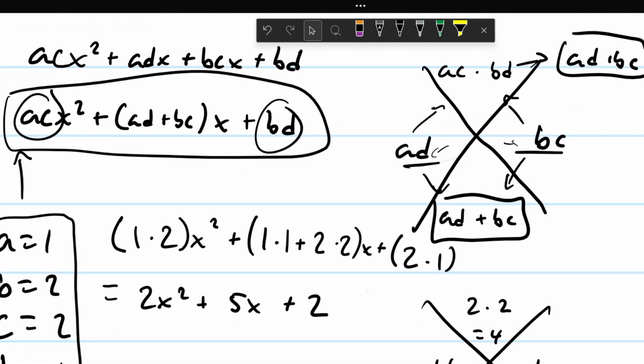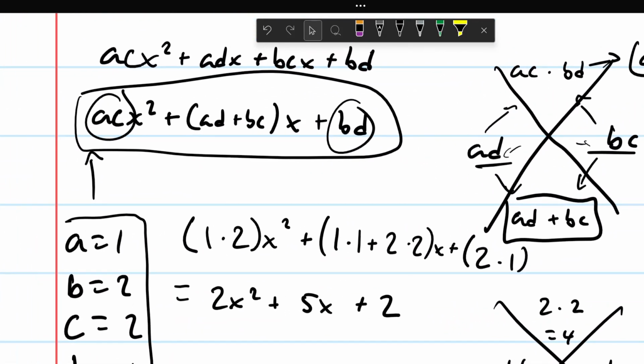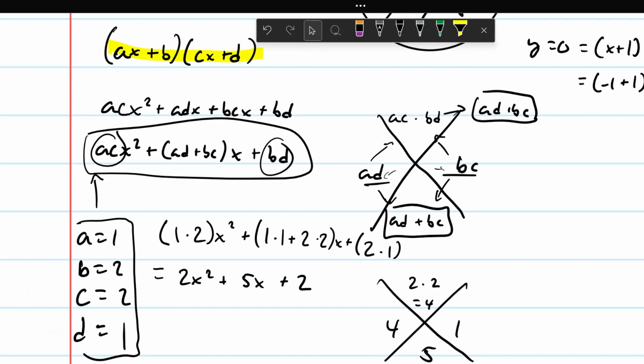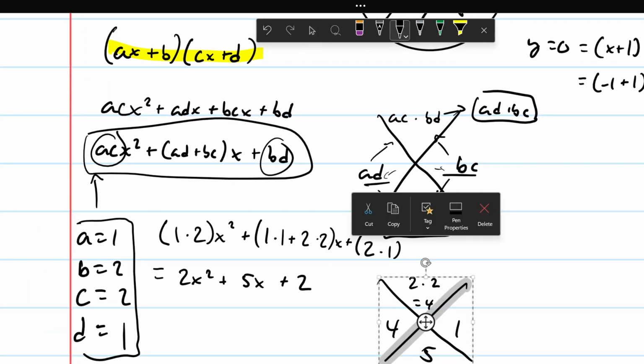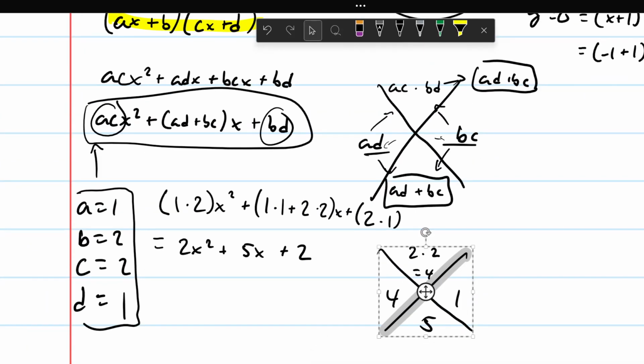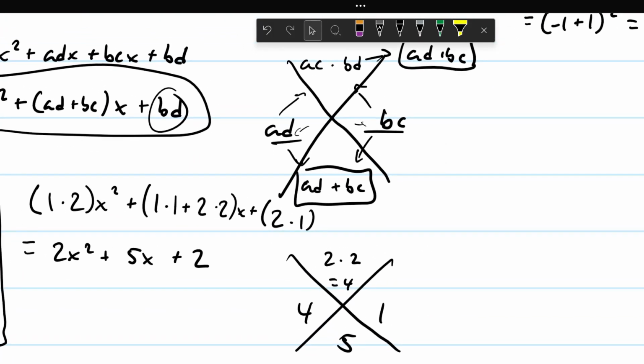Knowing that A is 1 and D is 1, one of these should be 1, and B is 2 and C is 2, so one of these should be 4.